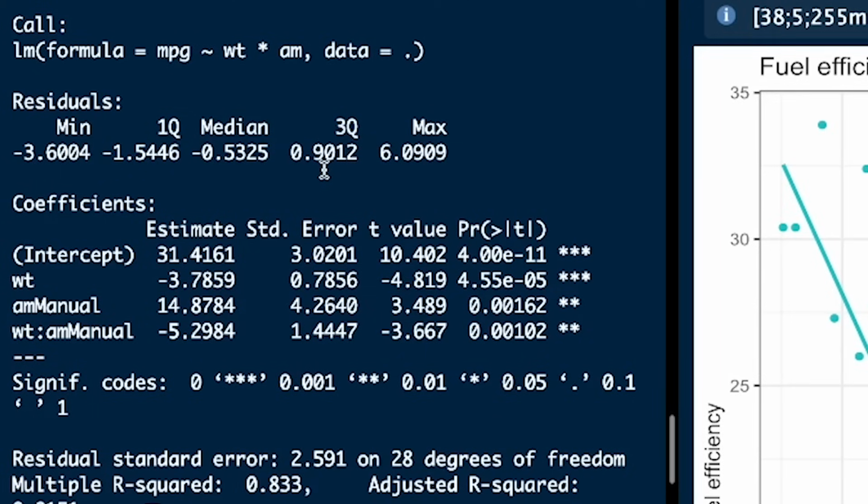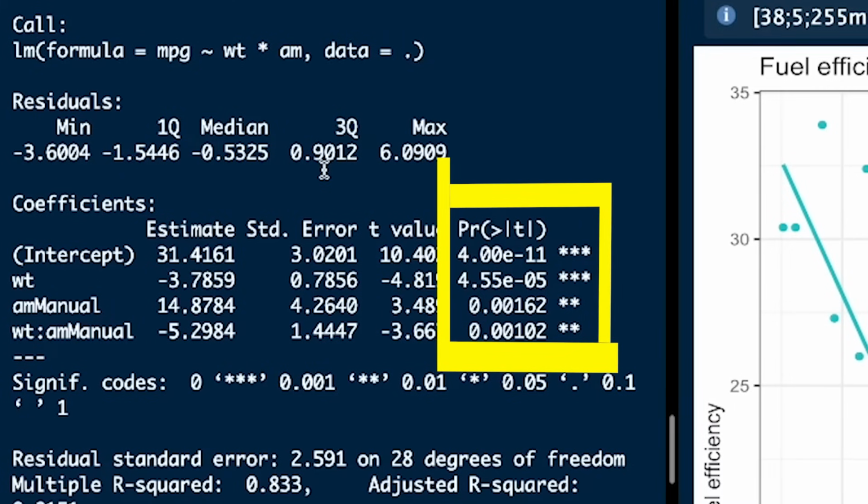The coefficient for weight is minus 3.7. So all else being equal, if you kept everything else constant, for every increase in incremental weight of the car of 1, there would be a decrease in fuel efficiency of 3.7 or 3.8, if you round up the 8, and that is in miles per gallon. Okay, so we understand that it's statistically significant.